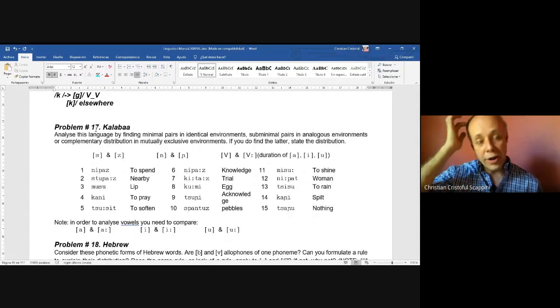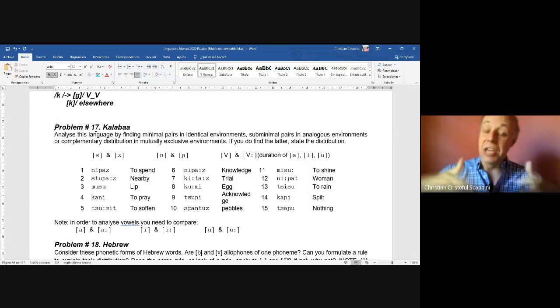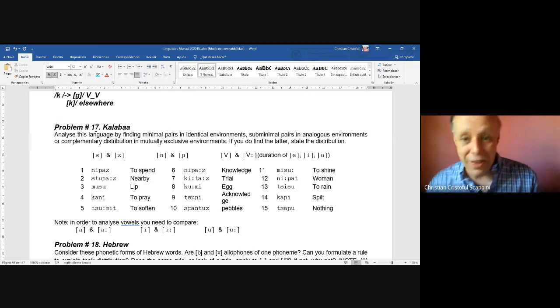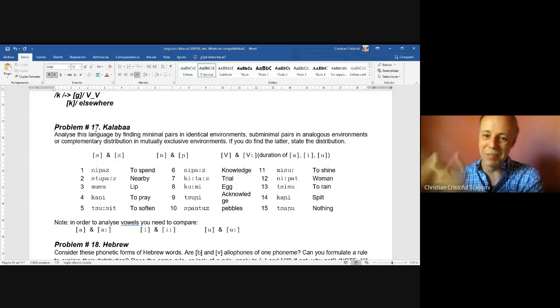The more they analyze a language, the more they change their minds because they keep discovering things. So their initial hypothesis is changed by something new. All right, and this is what is going to happen now.